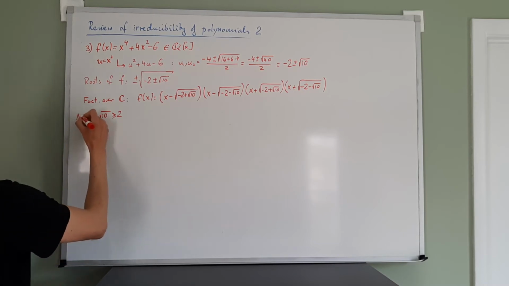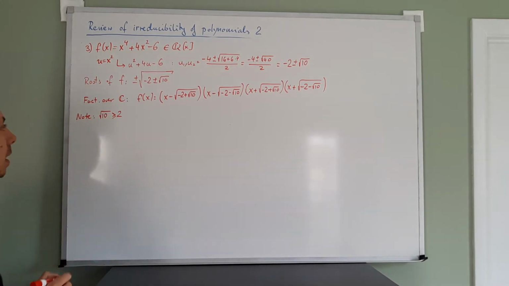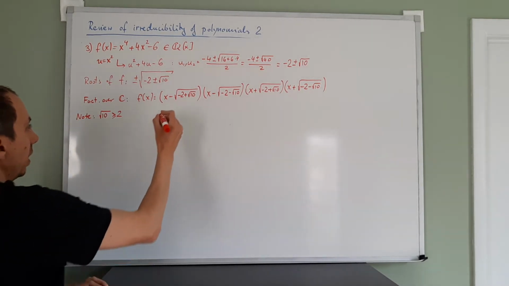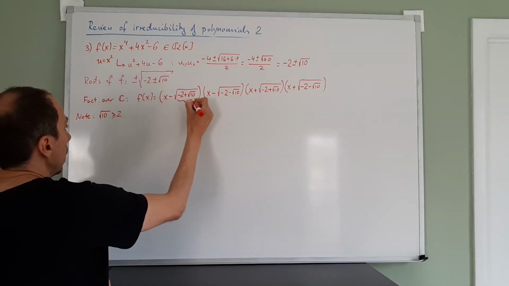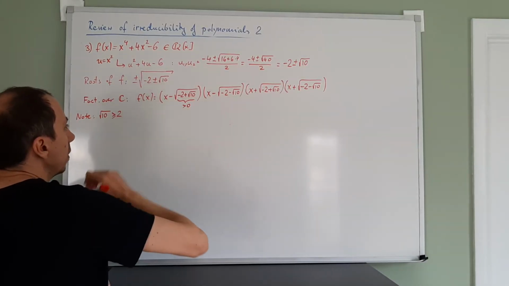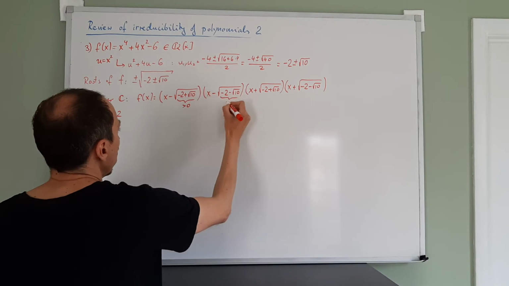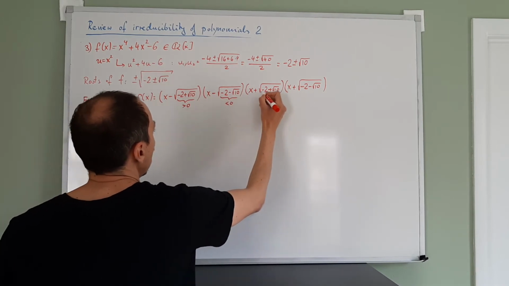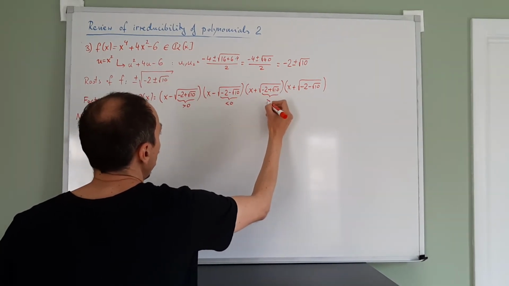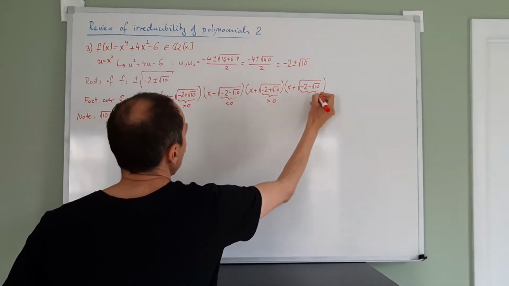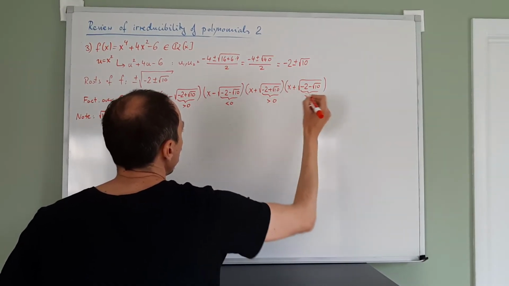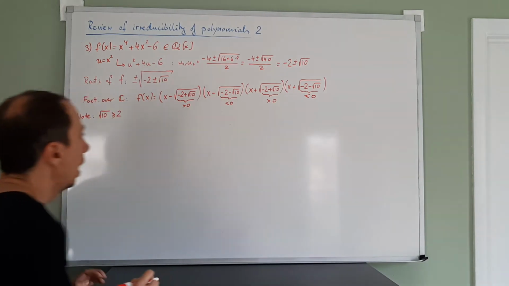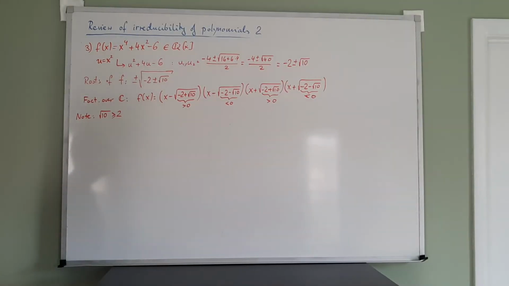So note, which means this thing is positive. Oh, this thing is definitely negative. This thing is positive, and this thing is negative, right? This is just a repeat. And you know that the square root of a positive number is real and the square root of a negative number is not real.